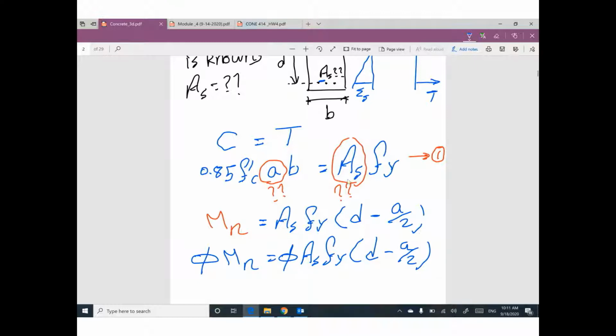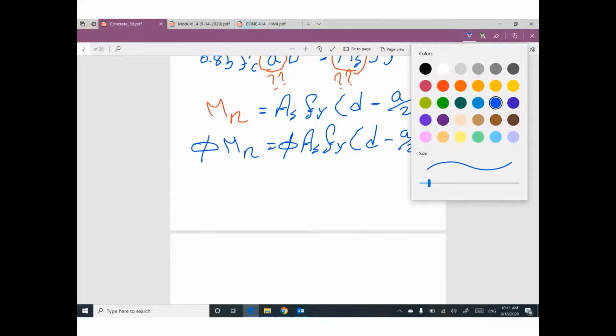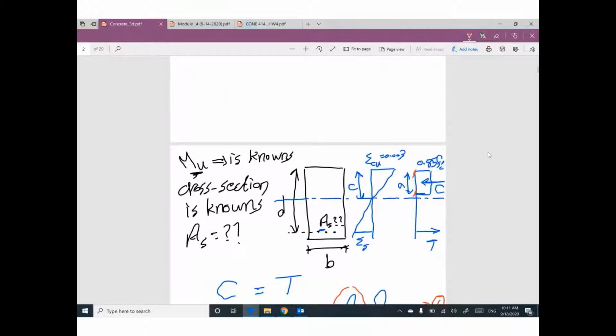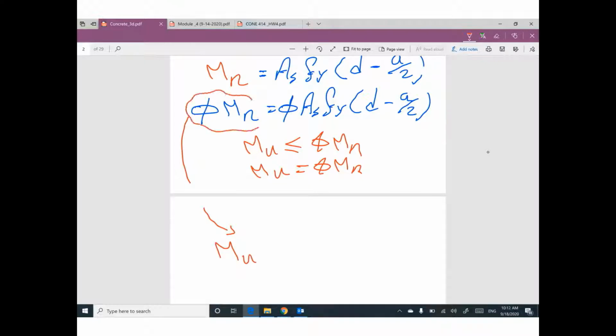In your design, we are looking for area steel that makes M ultimate from structural analysis smaller than or equal to phi Mn. So I'm going to assume M ultimate equals phi Mn. So this equation can be M ultimate, instead of phi Mn, equal phi area steel F yield times D minus A divided by 2.